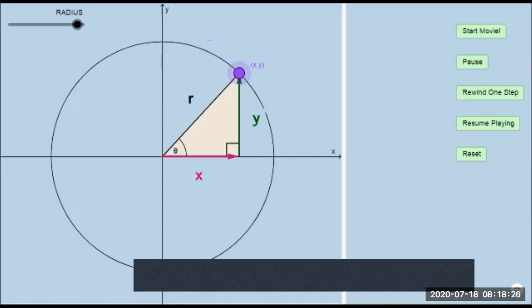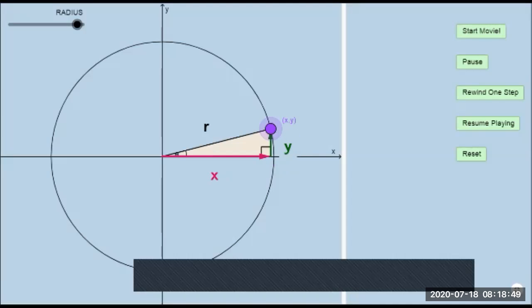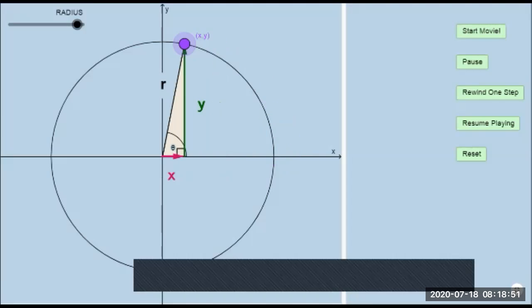Here the angle theta is decreasing, the perpendicular is becoming shorter and shorter, and when the theta reduces to 0, my perpendicular also vanishes. So if I talk about what are the trigonometric ratios at 0 degree, once again let's observe from 90 degree.